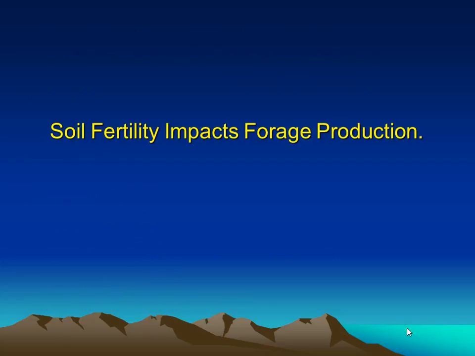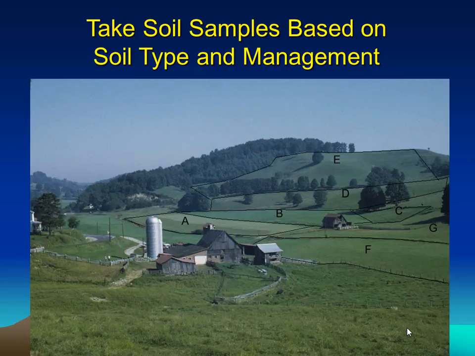Let's sort it out. Let's first of all look at soil fertility. Okay? This is something we can measure through soil sampling and soil test analysis. The big key in taking a soil sample is separate the land into different management units.